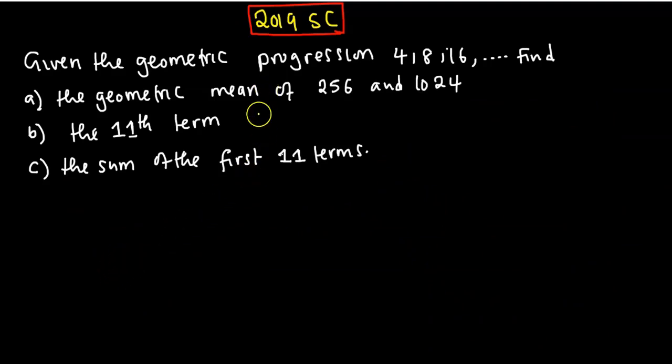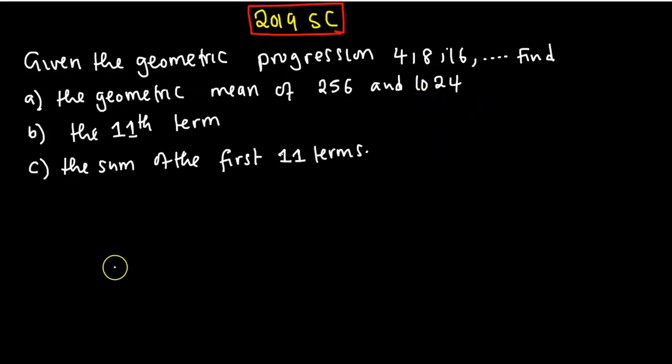So this question came in 2019 school certificate. The question is, given the geometric progression 4, 8, 16, find the geometric mean of 256 and 1024.